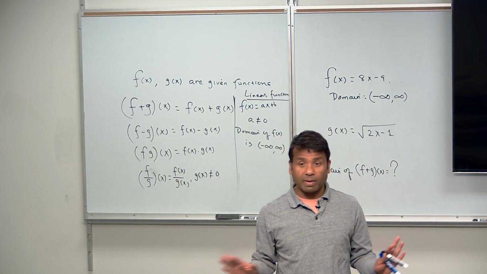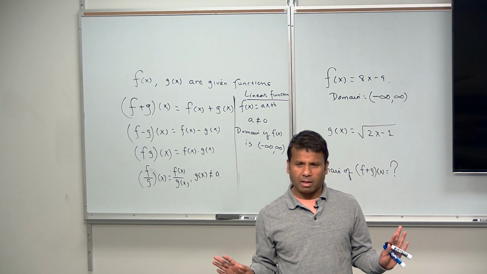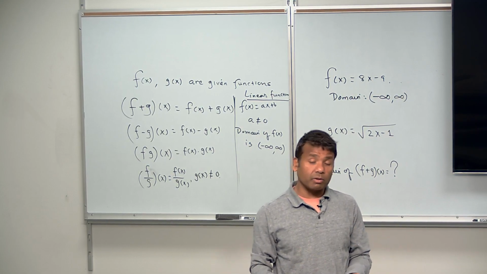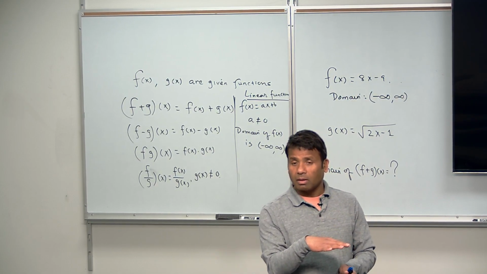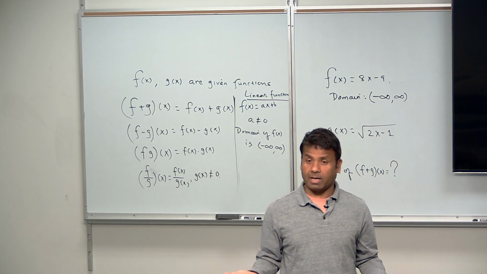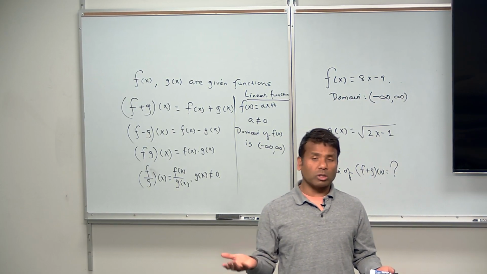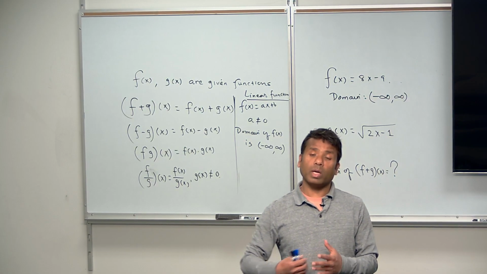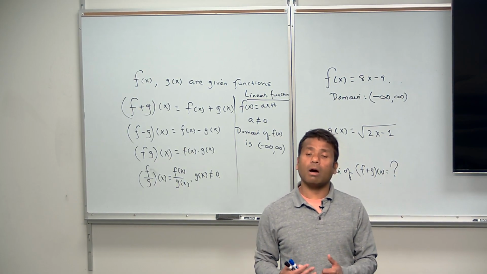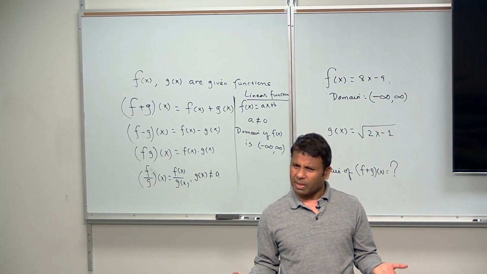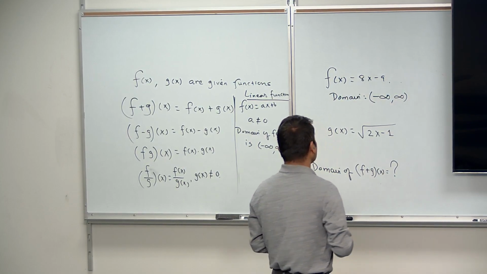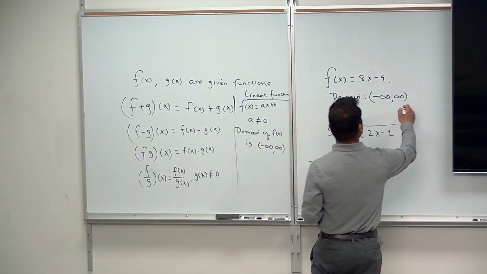You come up with any value of x, plug in there, and your function is defined. There are no such values of x for which the function is undefined. That makes sense? Okay. So the domain of this is this.